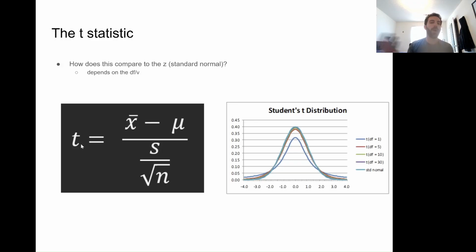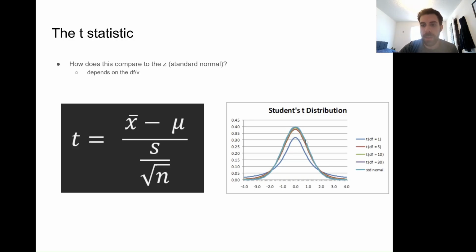However, we rarely know sigma in practice, so let's not make assumptions that we don't have a solid basis for, and let's use the sample standard deviation S, and that just changes it from the standard normal Z to the T. And I have this picture here kind of going over the difference between the T and the standard normal. Oh, sorry about that. So here's the standard normal in light blue, right?